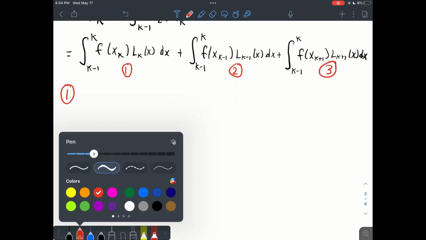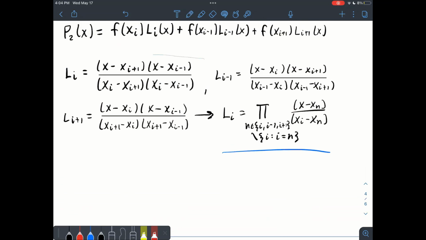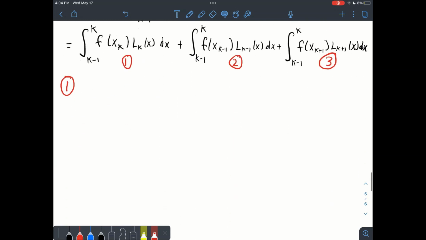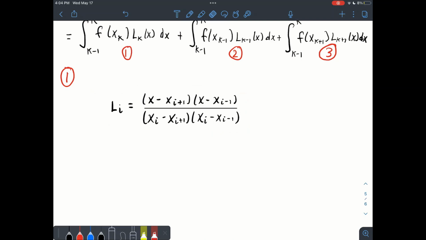The reason I wrote these all down is so we can copy this. Let's integrate this. We're going to multiply this by f(x_i), and I'll just call it i for now, ignoring the k notation for a little bit. I'm going to integrate this from i minus 1 to i plus 1.